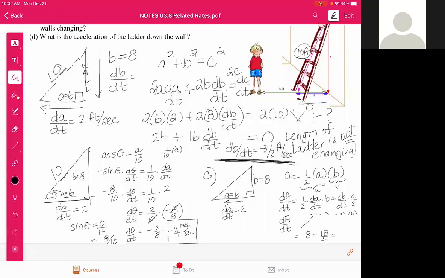It's going down at a constant rate. So therefore, it's not accelerating. It's not like as it goes down, it gets faster and faster and faster, like an object falling from the sky. This is being pulled away at a constant rate, so therefore it's going down at a constant rate. So part D is 0.